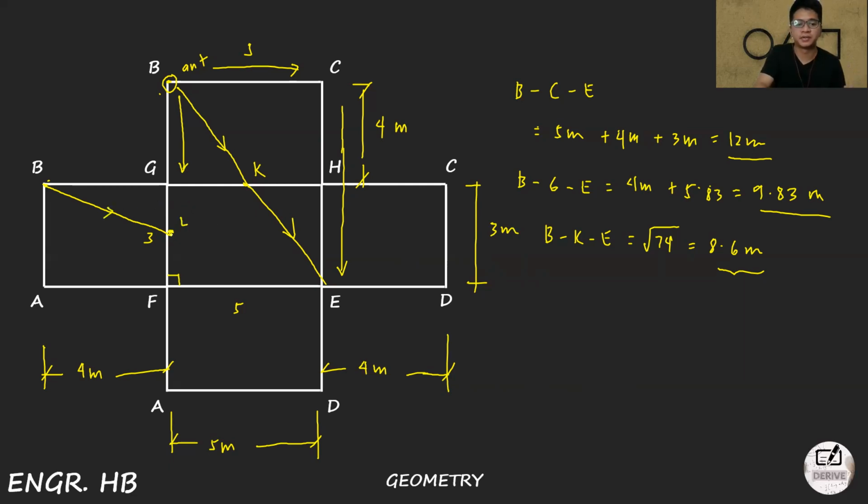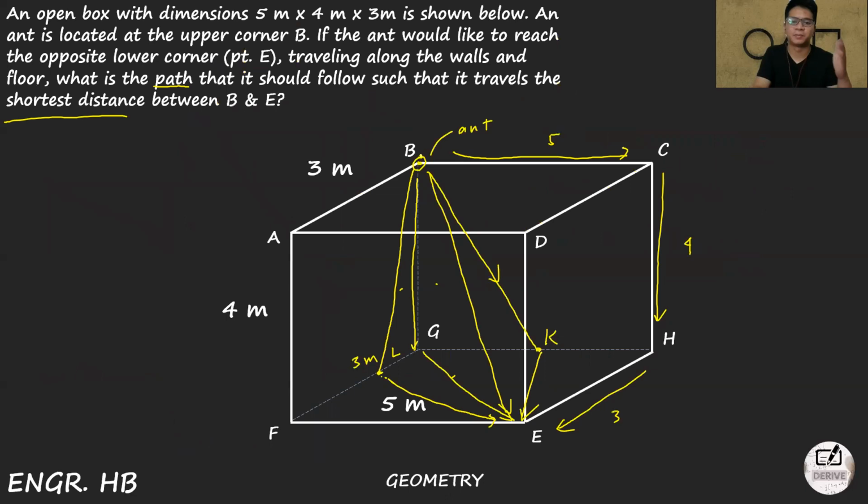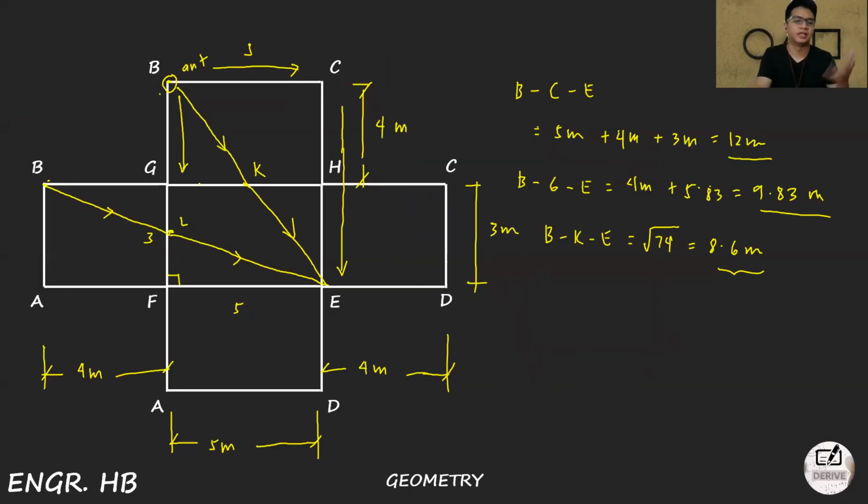Then, from point L to point E, ay maglalakad ulit siya. So, parang yung kanina dito. So, pag nilatag ko yung cube, from point B to point L, then point L to point E. Okay? So parang ginawa natin kanina sa BKE, gagawin din natin sa BLE.